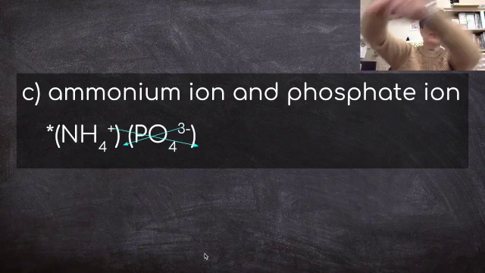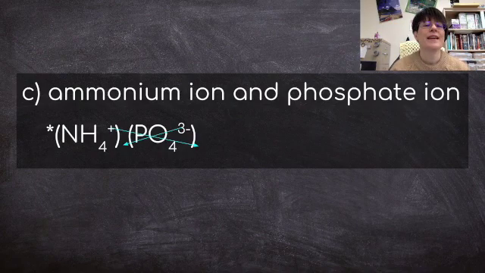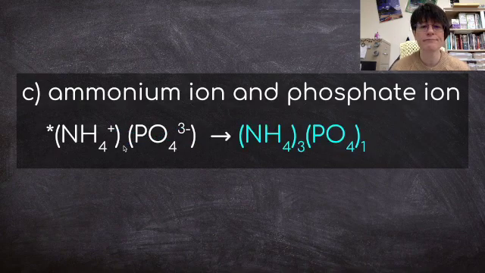So again, I crisscross, and this +1 charge, the 1 gets dropped behind the parentheses behind the phosphate so that it covers the whole polyatomic ion. The 3 drops here behind the ammonium ion's parentheses to show that it applies to the whole ion.